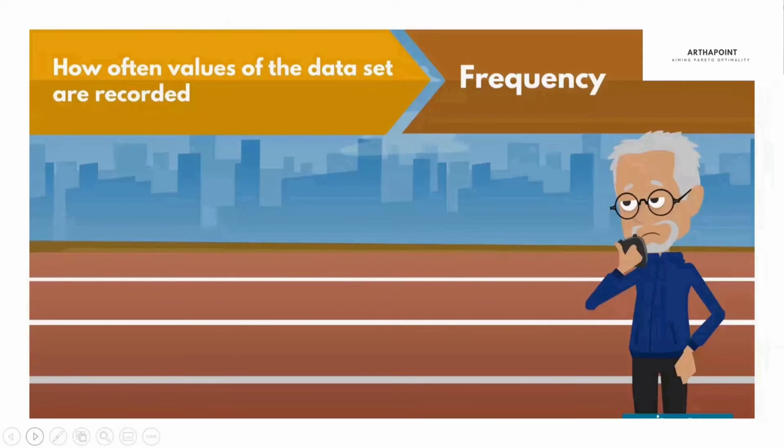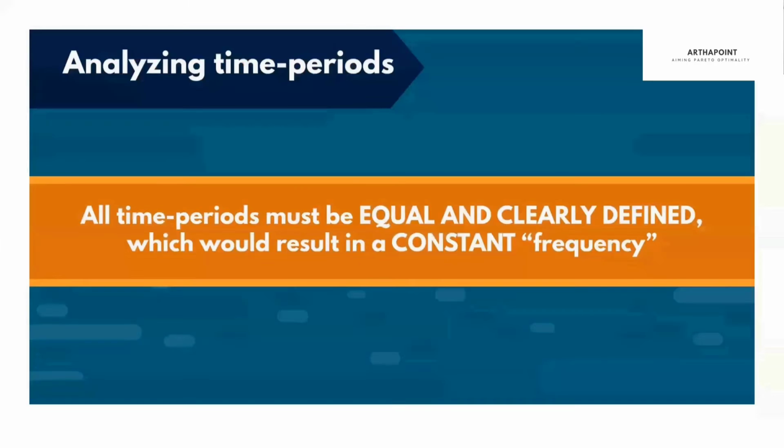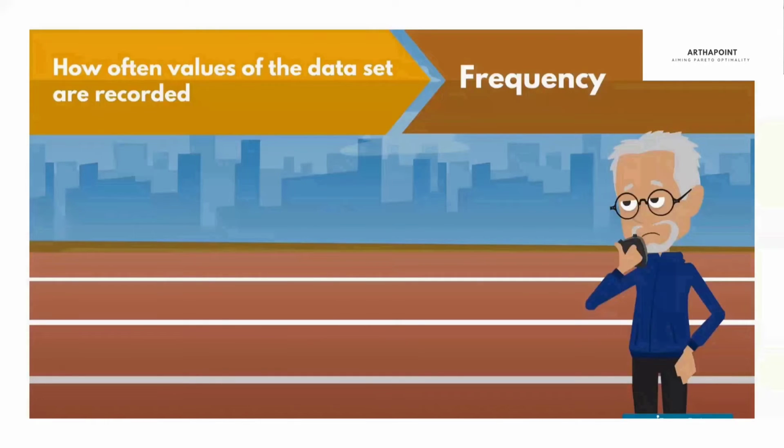Another important thing in a time series data set is the frequency of the data. What do we mean by frequency? By frequency, we are asking how often we are recording the data. That is known as the frequency of the data set. For example, I drew this diagram to show that I want to measure the speed of a racer.